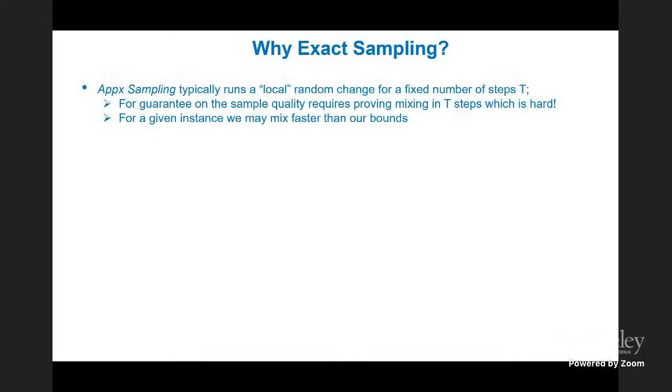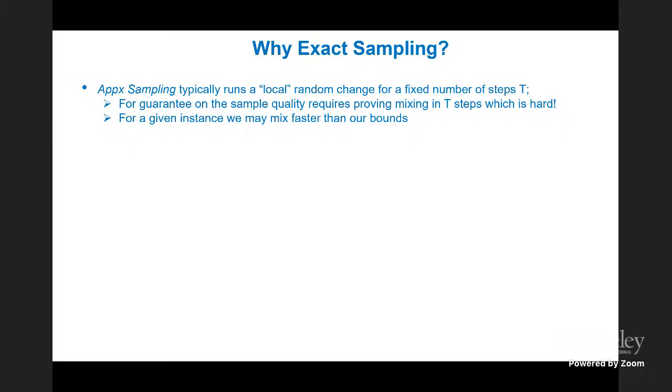So if we can do that, why are we interested in doing something more than this? One of the big issues here is that if you're going to use this procedure in practice, you need some guarantee on the sample quality. And usually this requires proving mixing time bounds, which is not very easy.